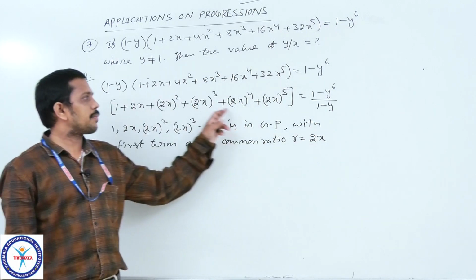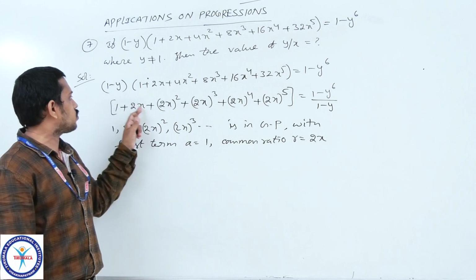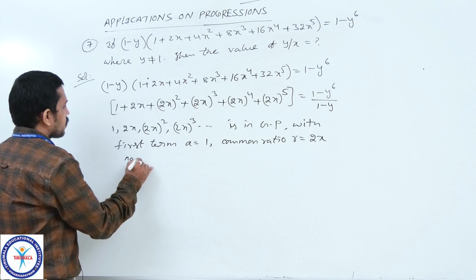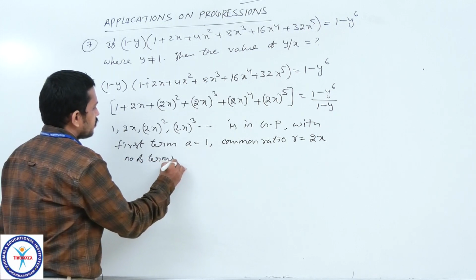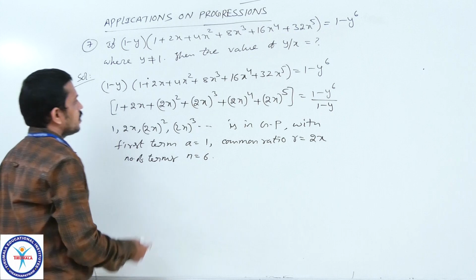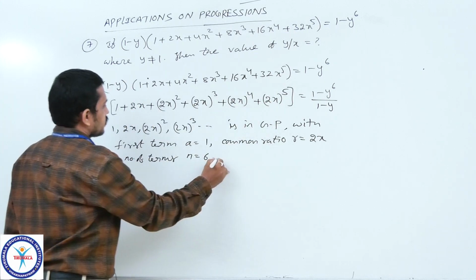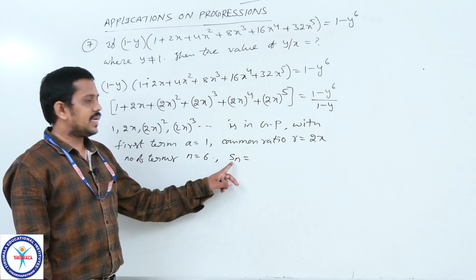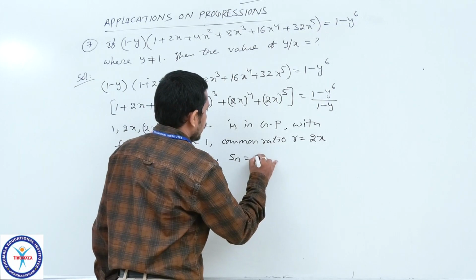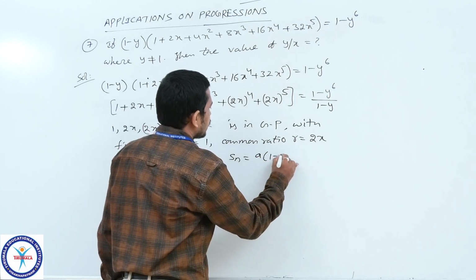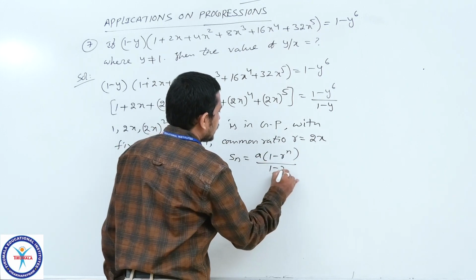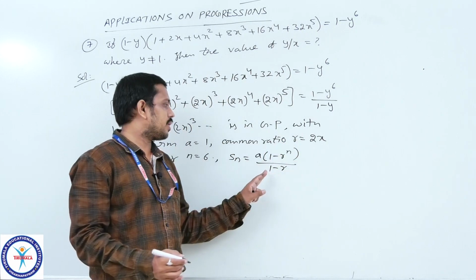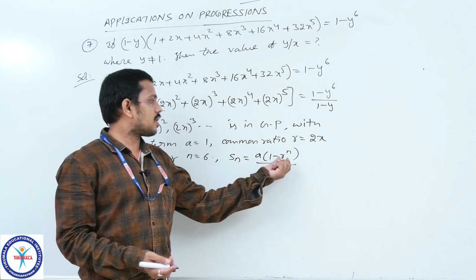Then here we require the sum to 6 terms: 1, 2, 3, 4, 5, 6 terms, so the number of terms n is equal to 6. What is the sum of n terms in geometric progression? Sn is equal to a(1 − rⁿ) by (1 − r), or a(rⁿ − 1) by (r − 1), depending on r.